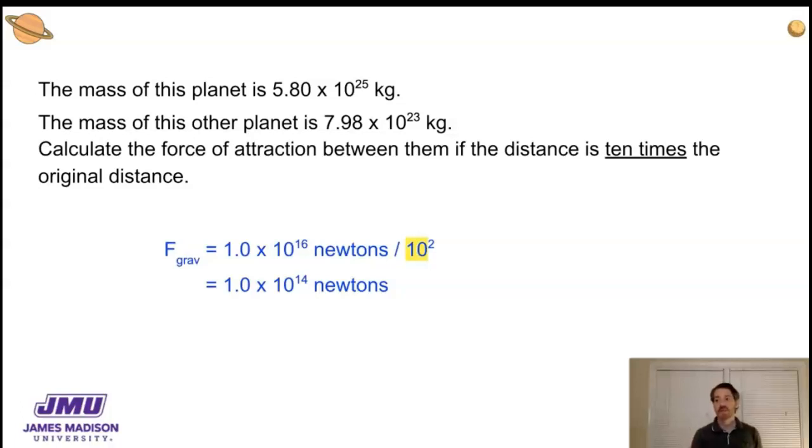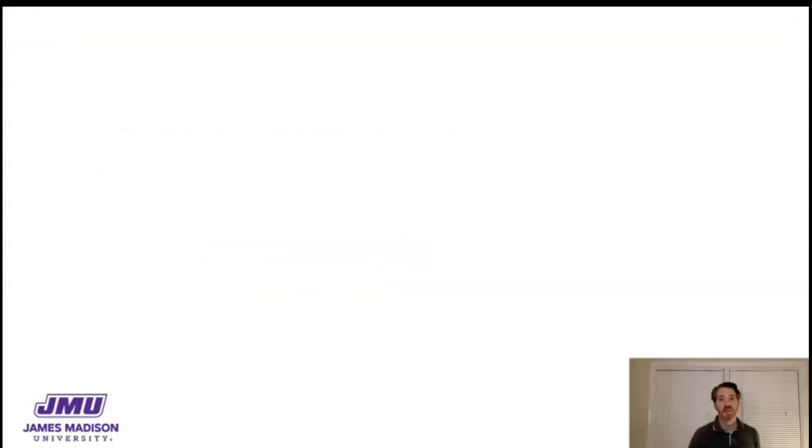This is also how bright a light or a star looks. It follows this exact same formula. If you are 10 times farther away from the sun, then the sun would look about 1% as bright as we currently see it. So it's sort of an underlying principle to a lot of physics.